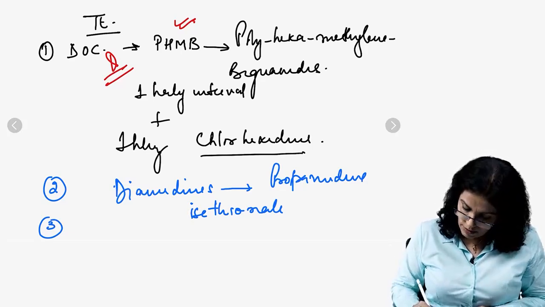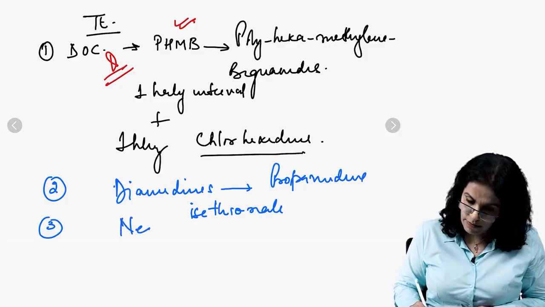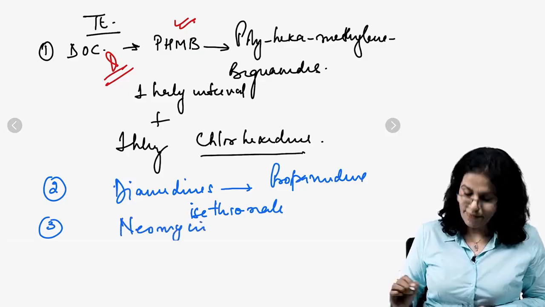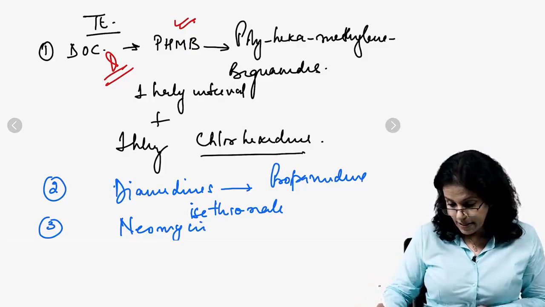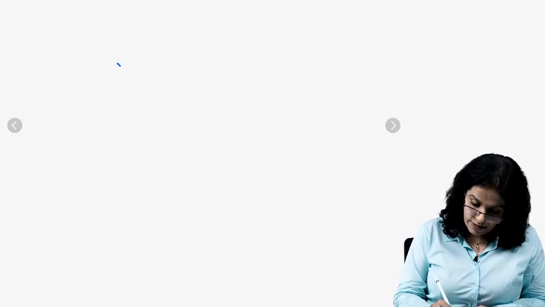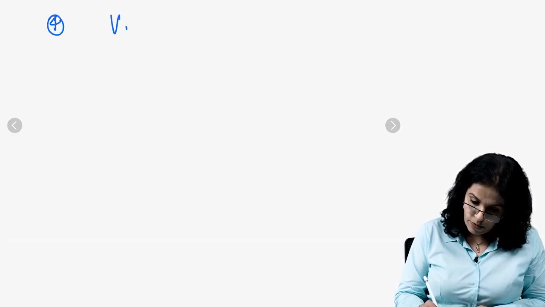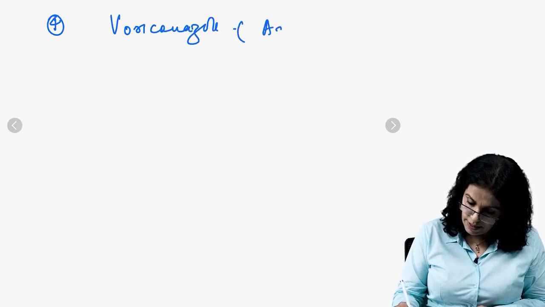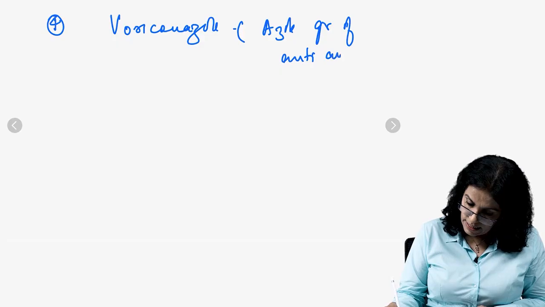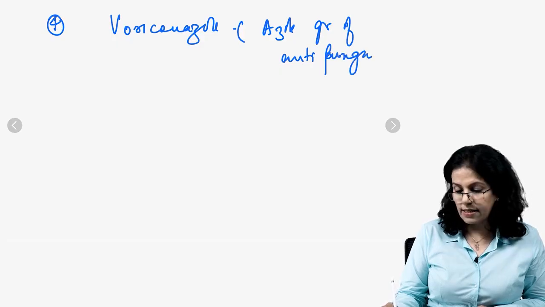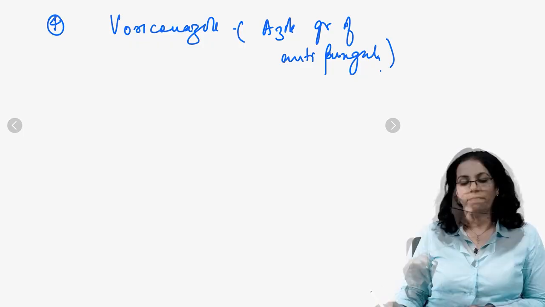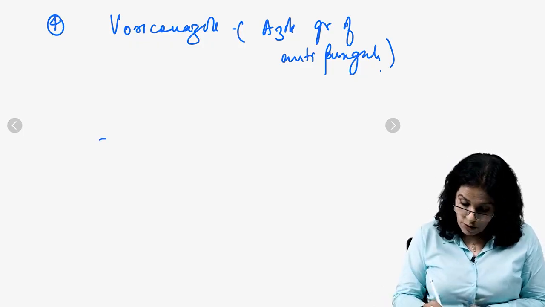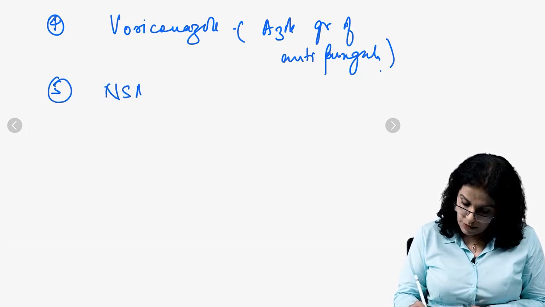So it only acts on trophozoites, but we can give neomycin. What else can be given? There can be azole group of antifungals that can be given, like voriconazole. Even antifungals can be effective against acanthamoeba. And of course, for the pain, you may have to give non-steroidal anti-inflammatory drugs because pain is too much here.